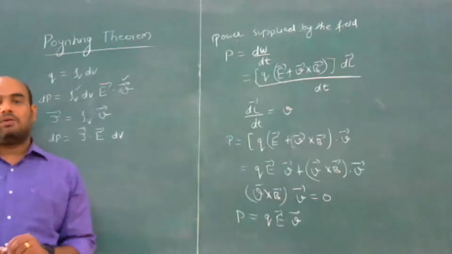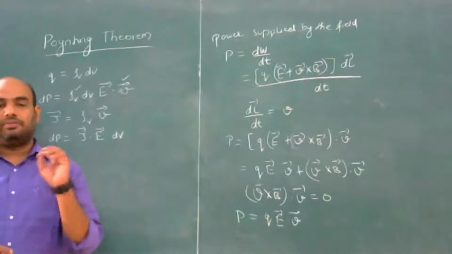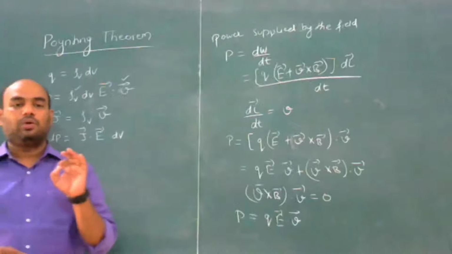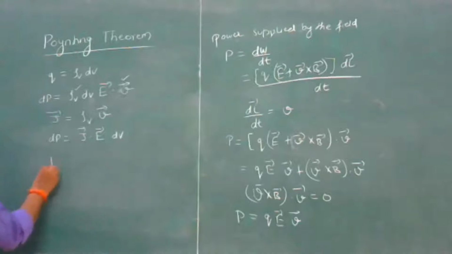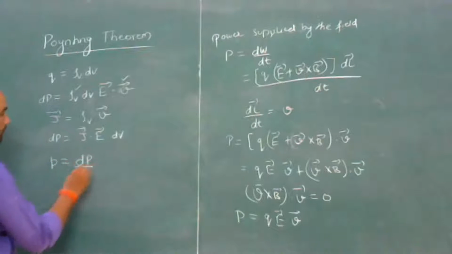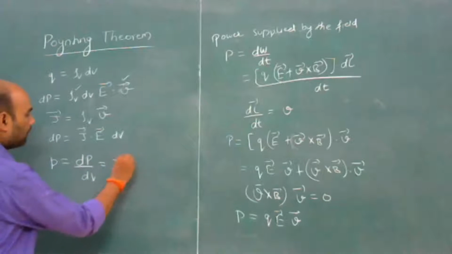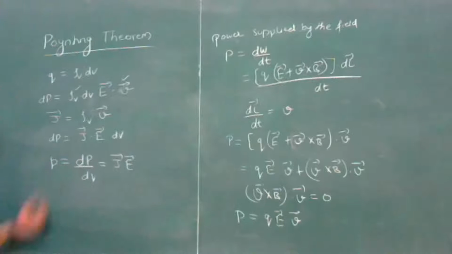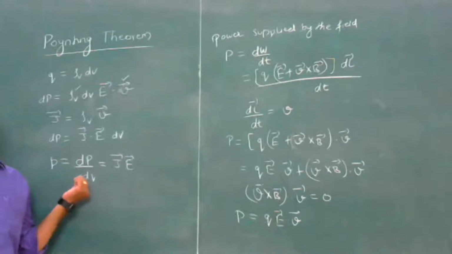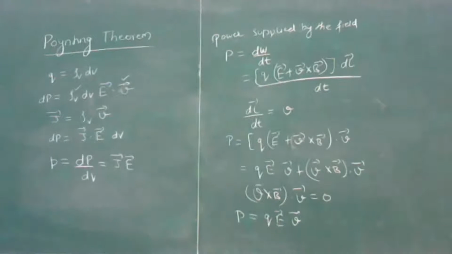The power density p is defined as power per unit volume. So small p is equal to dP upon dV, which is equal to J dot E. This is the power density. So dP upon dV is equal to J dot E.